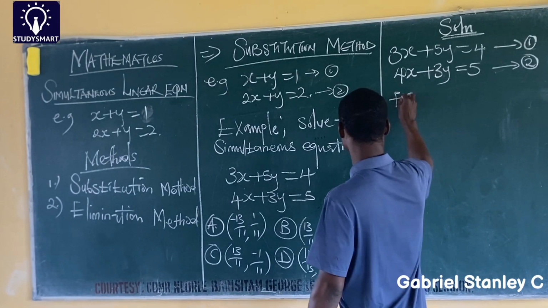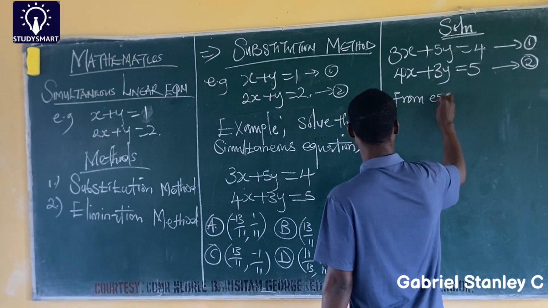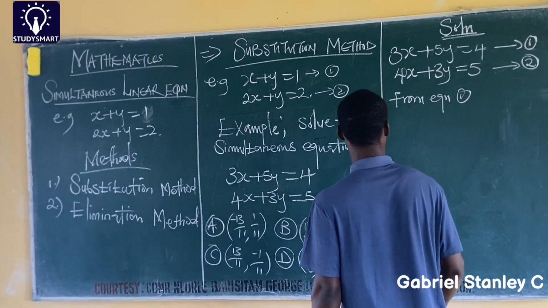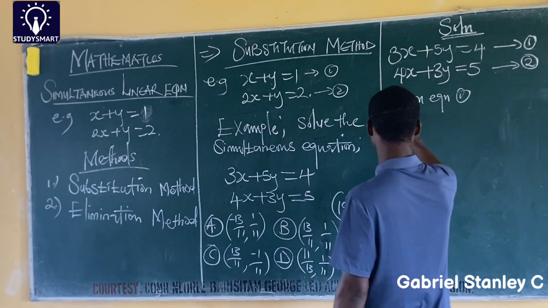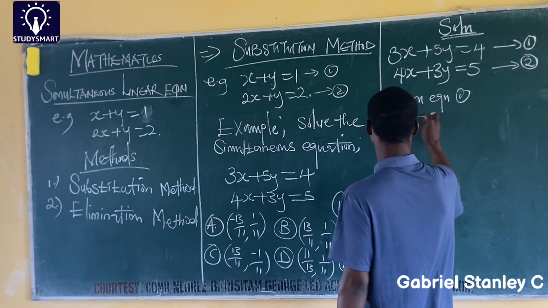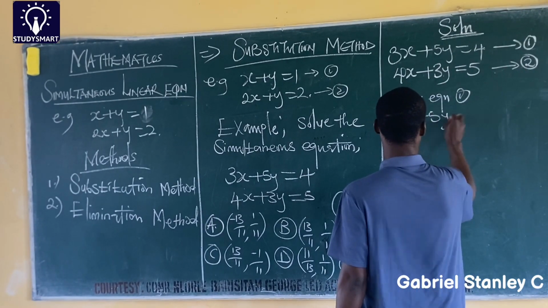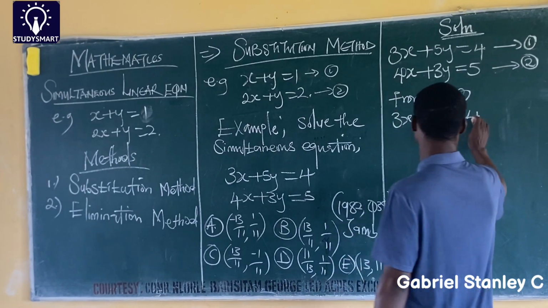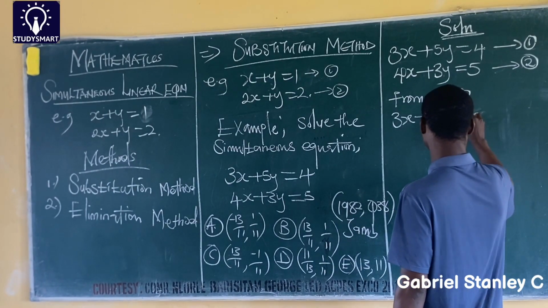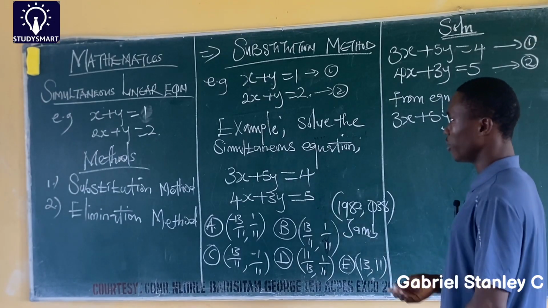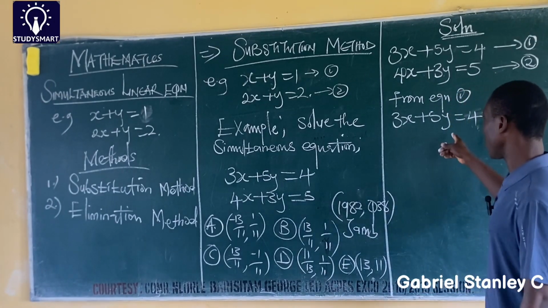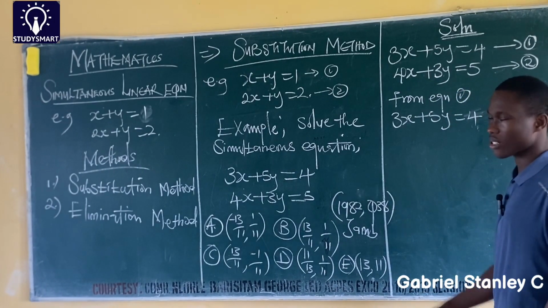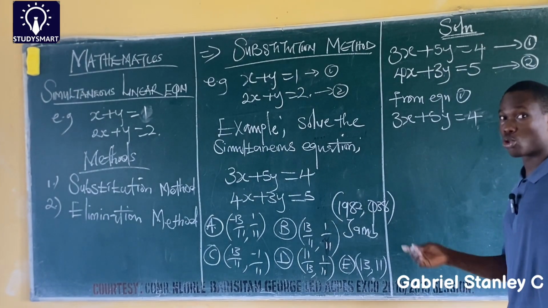From equation 1, which is 3x plus 5y equal to 4, I'm going to either make y the subject or make x the subject. So I have to choose.